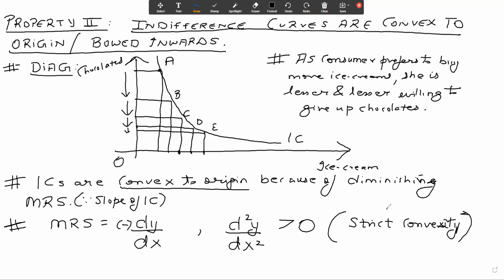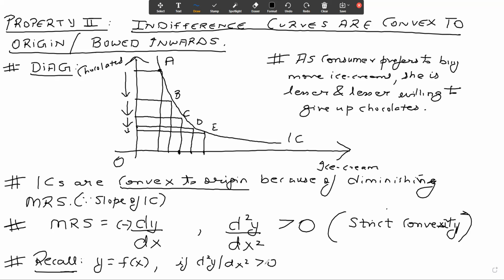Recall from high school mathematics, when y is a function of x, when is this function said to be concave or convex? If d square y by dx square is greater than 0, we say that the function is strictly convex to the origin.